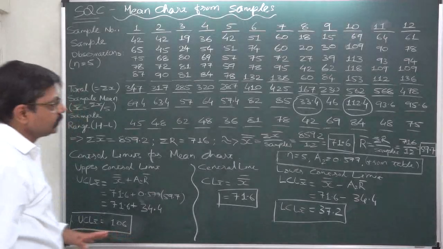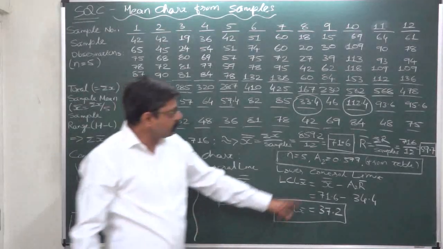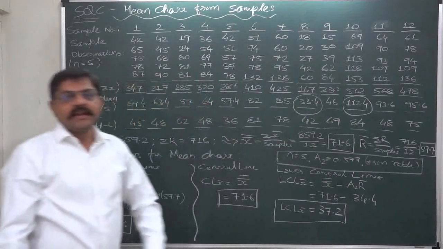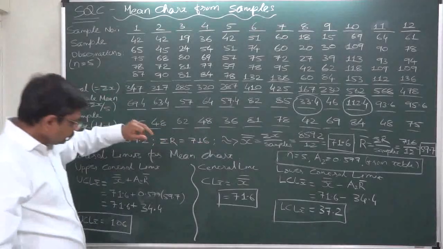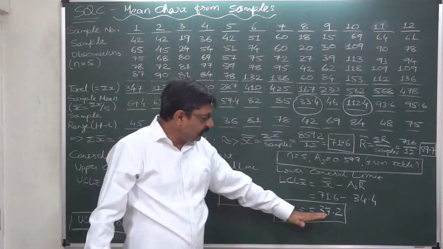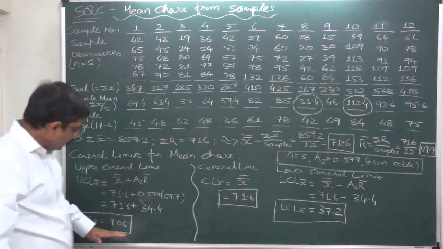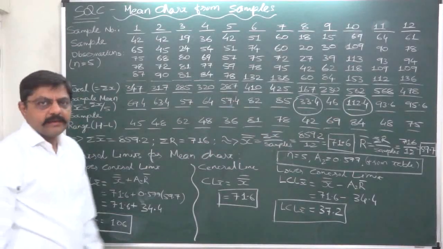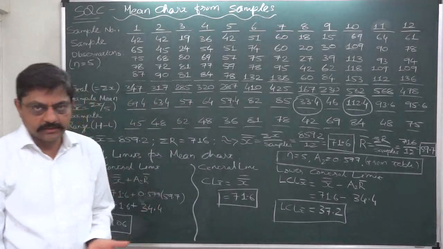Just on the basis of our observation of the upper control limit, lower control limit and sample means, we can observe that one sample mean is below the lower control limit, and one sample mean is above the upper control limit. That means we can conclude that the process is not under control.